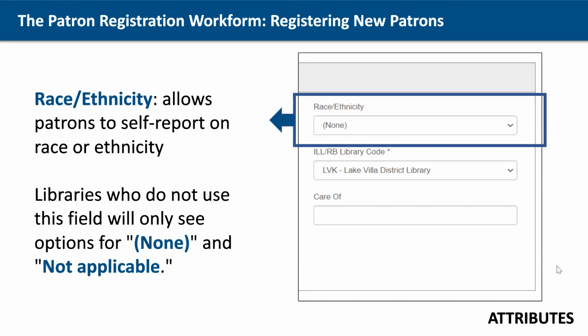If your library is not collecting race and ethnicity data, just about all of our libraries do not, this field will by default only have none and not applicable as options. So field options will only be visible to patrons who are registered to a library that has this field active.